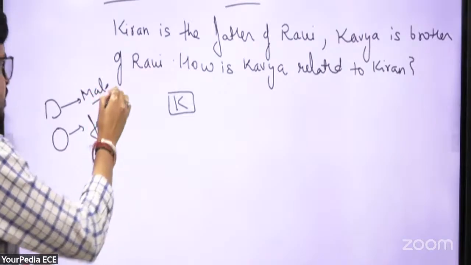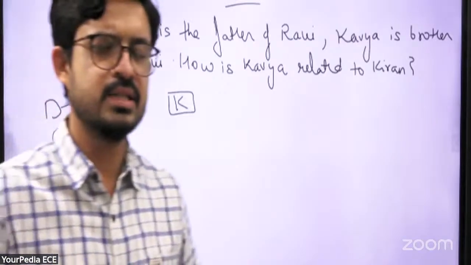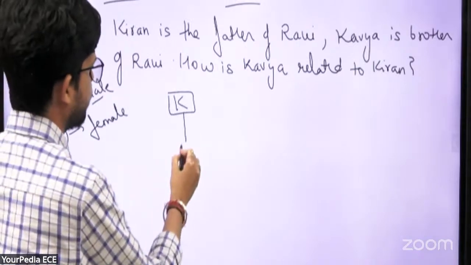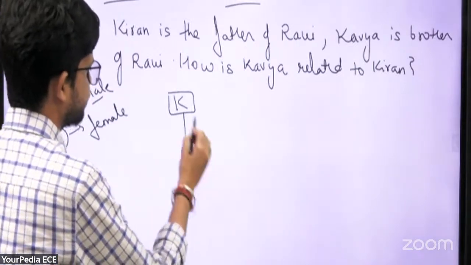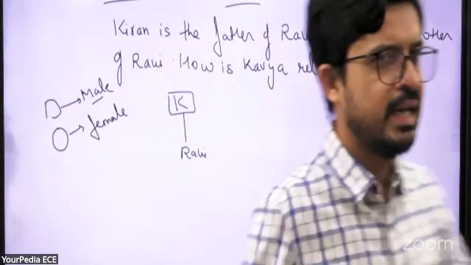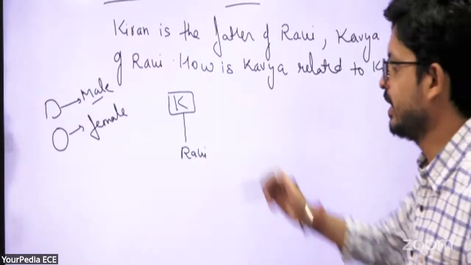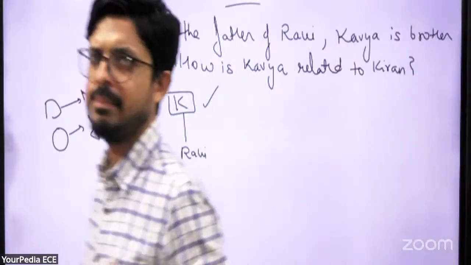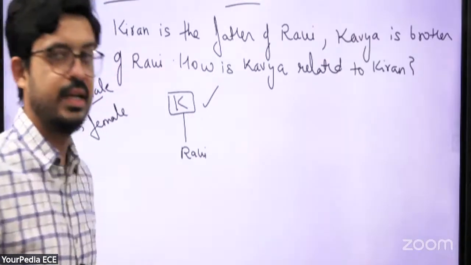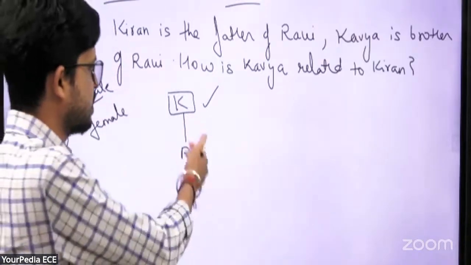You can take box for female and circle for male. Kiran is father of Ravi. Now because Kiran is father of Ravi, he is elder than Ravi, obvious सी बात है. So we take it on the upside in the branch of the family tree. ठीक है. So Kiran is in the first generation, second generation is Ravi.